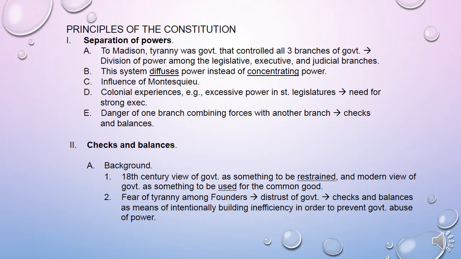So this distrust of government led to checks and balances as a means of intentionally building inefficiency in order to prevent government abuse of power. They intentionally made passing laws very difficult and time-consuming, because they thought that process would diffuse power. It wouldn't be just one person saying, we're going to do this and we're going to do this. Okay?